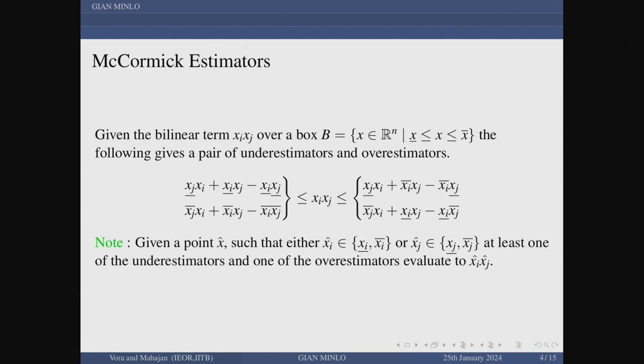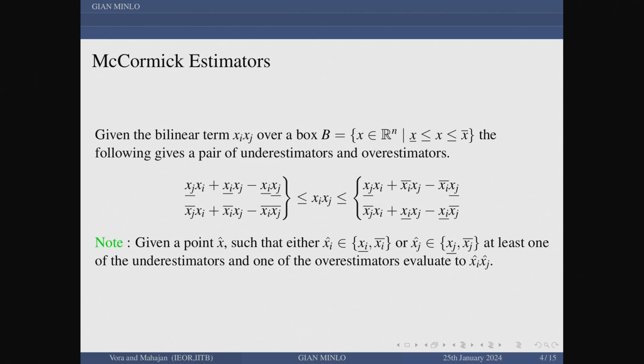Here is something that should be noted. This is fairly trivial to prove actually: if either of xi or xj is at one of its bounds, then at least one of the estimators is tight. Consider that xi hat is at its lower bound. Then the first inequality evaluates to xi hat xj hat for x hat.